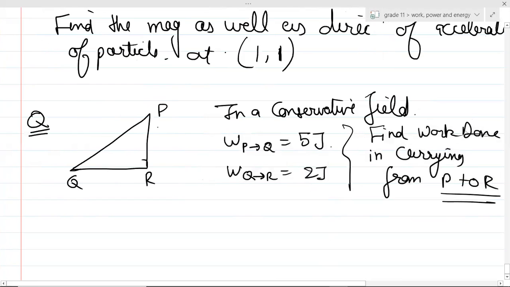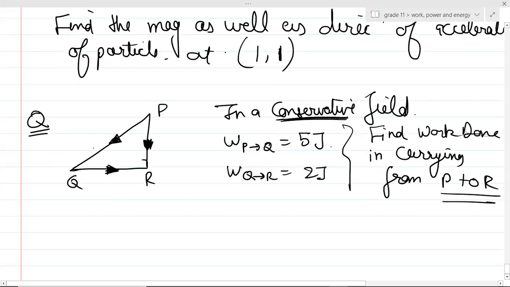The work done from P to Q is 5 joules. The work done from Q to R is 2 joules. Then what is the work done from P to R? It's a conservative field, so the work done will be independent of the path, right?